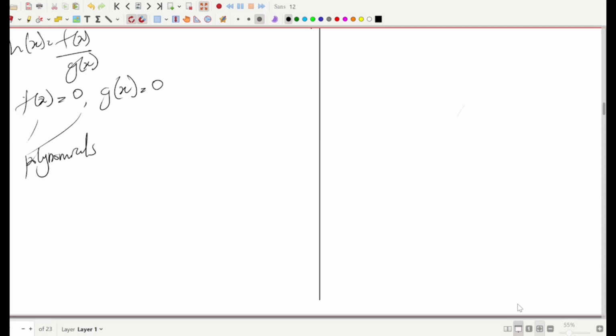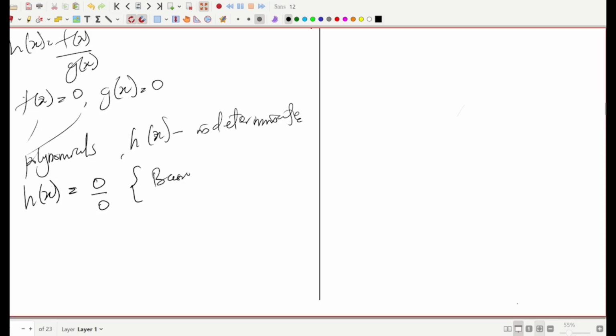If f of x is 0 and g of x is 0 at some particular value of x, then our h of x is indeterminate. So for an indeterminate function, we end up with 0 divided by 0. This is the basic understanding of indeterminate.